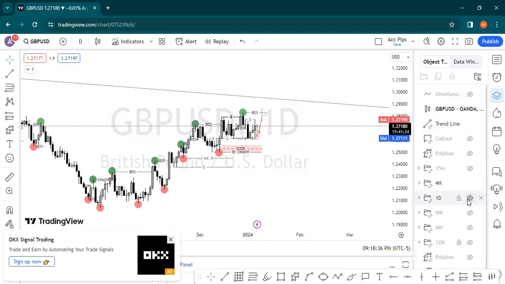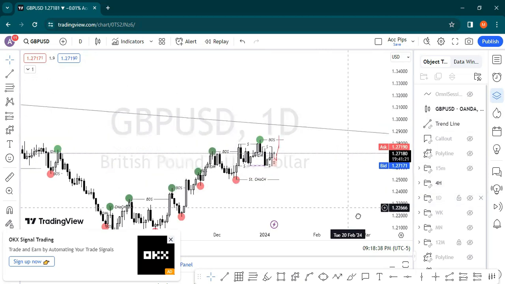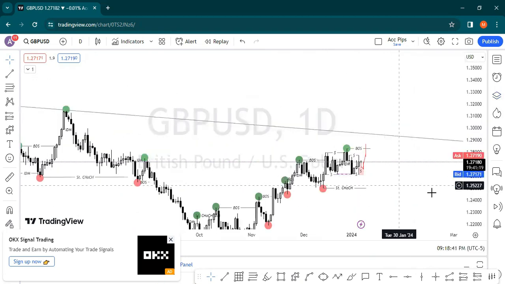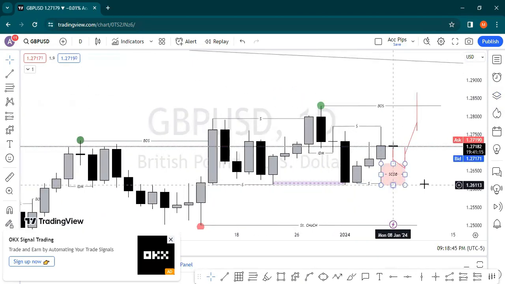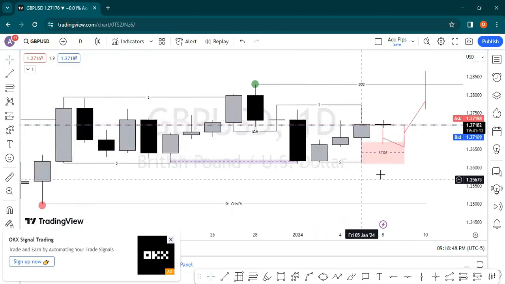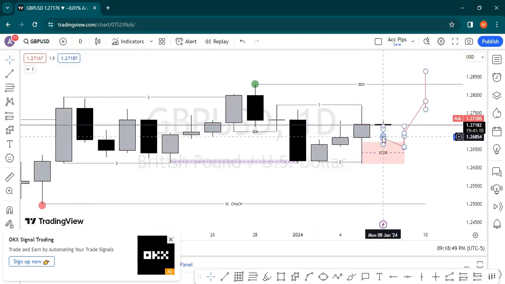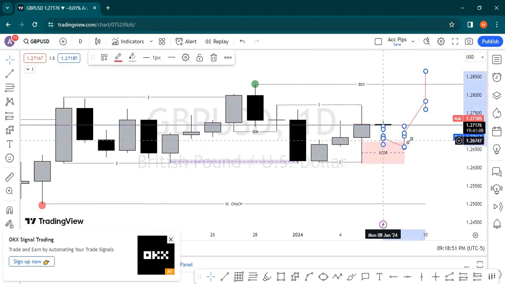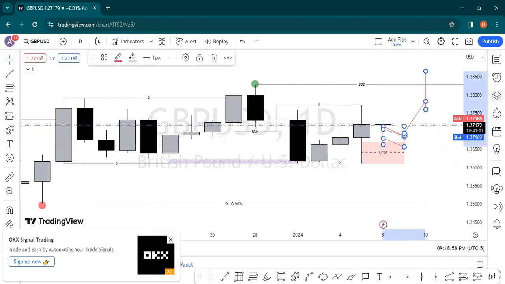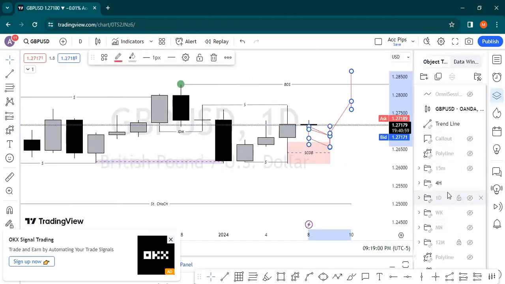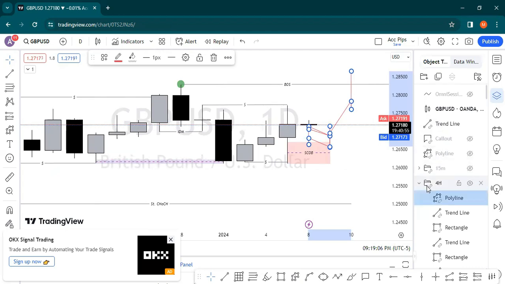Let me hide daily so we can get this chart clear. So let me zoom this up. Hide this guy.